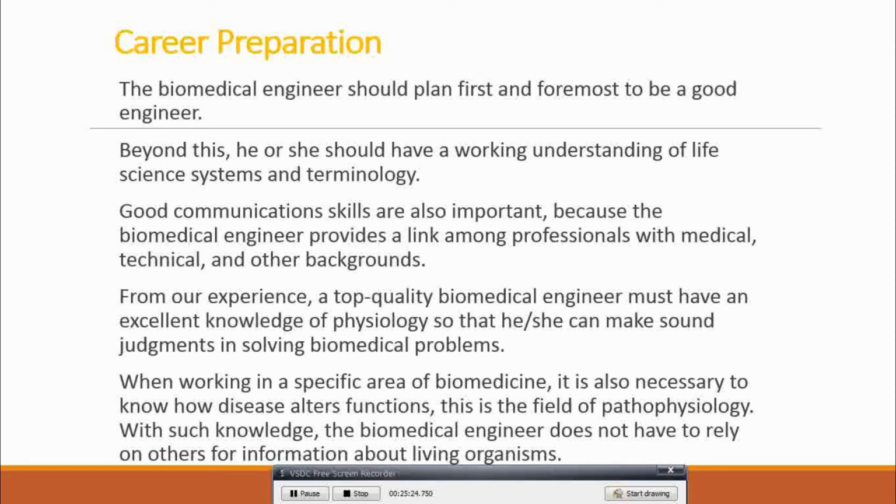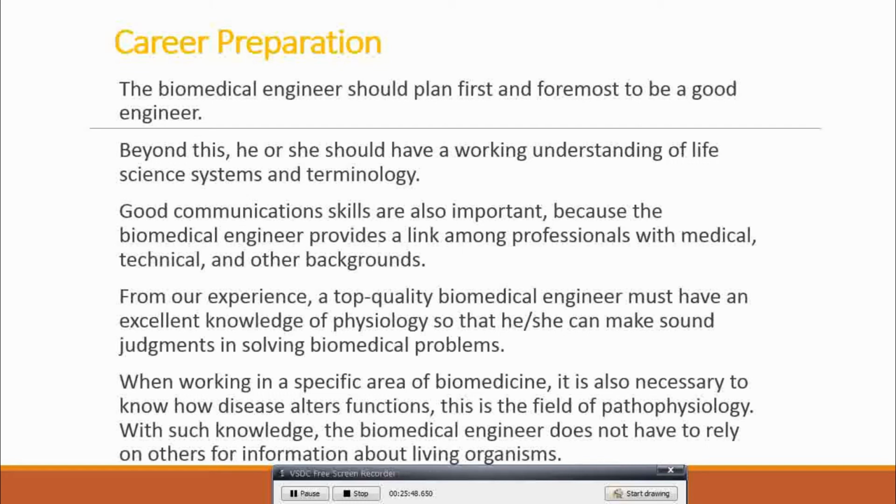And like other fields as well, you are required to have a good communication skill. This is very important. If you can have good communication skills, that's an extra point, because the biomedical engineer provides link among professionals with medical, technical, and other backgrounds.